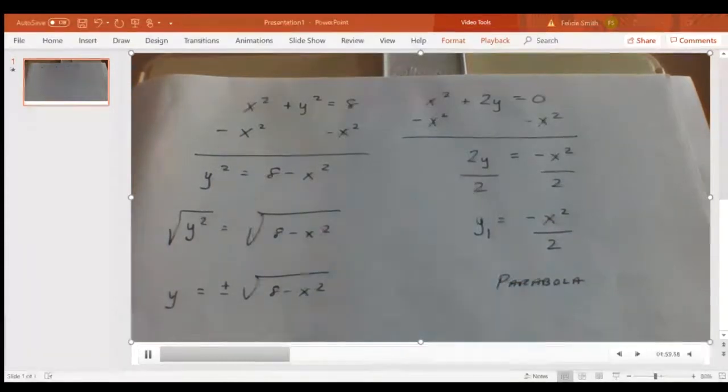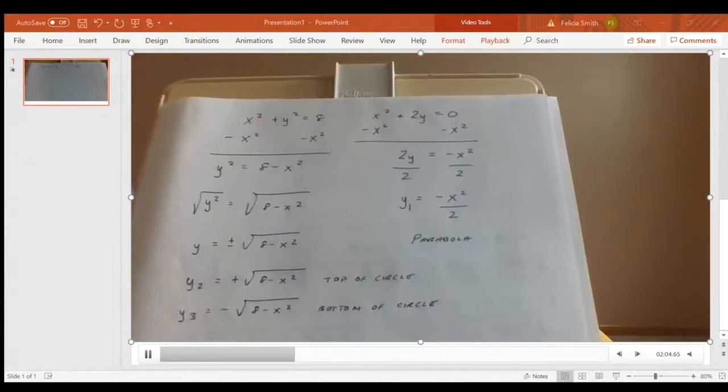Let's go ahead and make the same type of notations here. We're going to enter the positive square root of 8 minus x squared into our equation for y2. And keep in mind that that represents the top part of our circle.